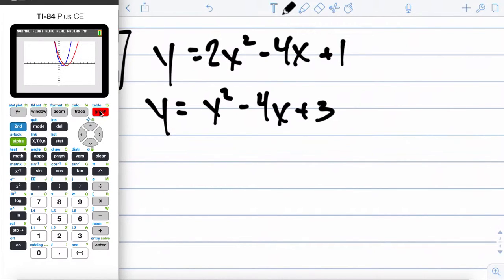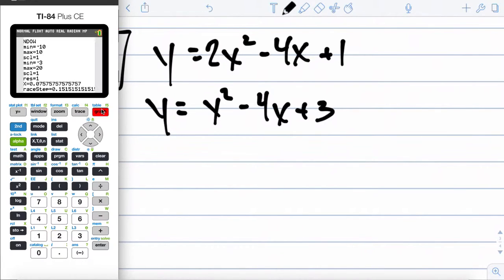Looks like we might have 2 intersection points. One here, maybe one there. I can't tell, so I'm going to change my window. My X max, I don't really need to have anything past negative 10 to positive 10 is fine, but my Y min, I'm going to go from like negative 3 to 20.